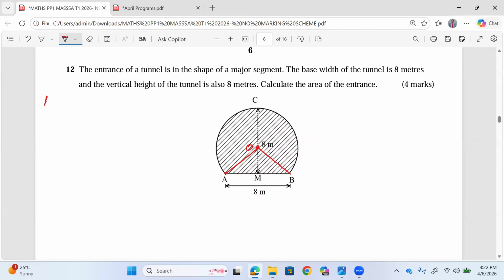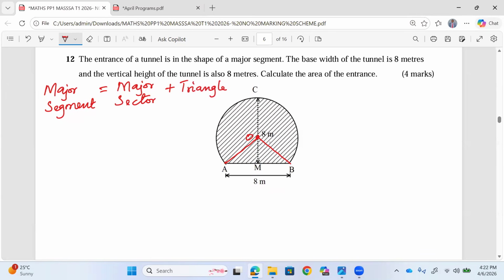So the area of a major segment is given by the major sector, and we add the triangle. The two areas shall give us the total area of the major segment.